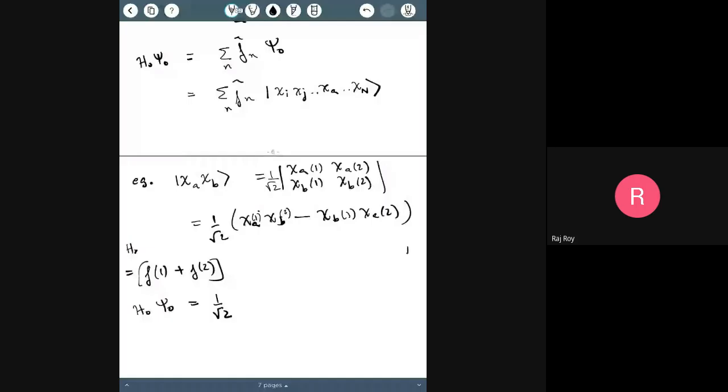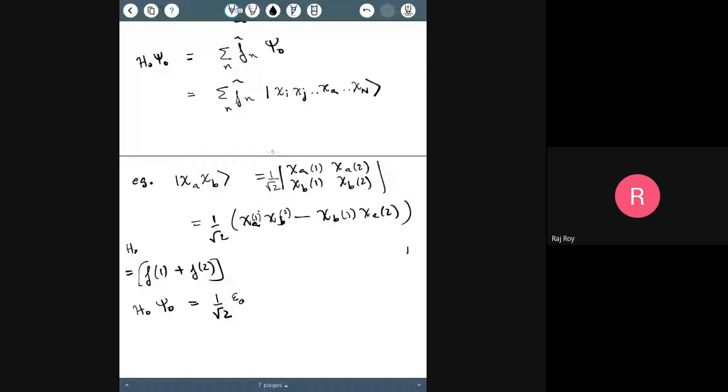F1 acting on chi A1 gives epsilon A chi A chi B. This is from the first term. Then you have minus 1 by root 2 F1 acting on the second term.